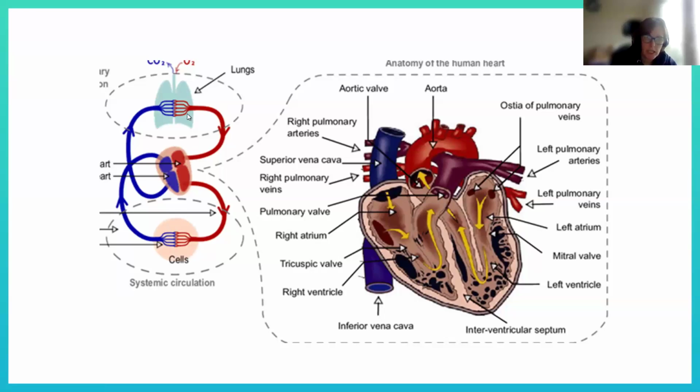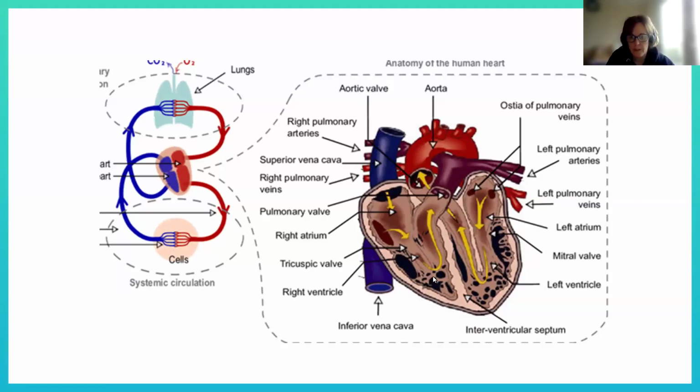The blood's now oxygenated, returns to the heart via the left atrium, then goes into the left ventricle, and then it goes off around the cells again, loses all of its oxygen and picks up CO2, and then back around the circuit it goes again. So that's what's going on there.